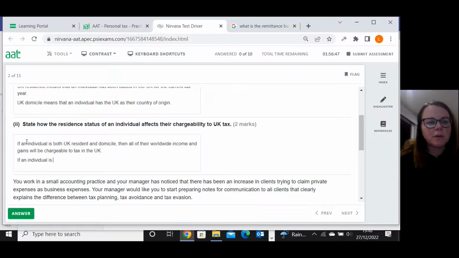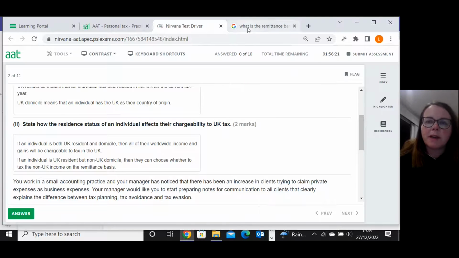If an individual is UK resident but non-UK domicile, then they can choose whether to tax the non-UK income on the remittance basis.